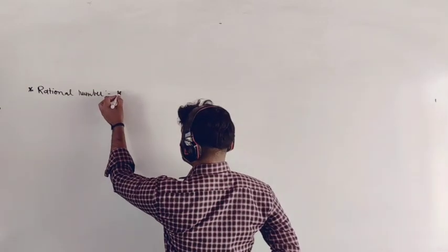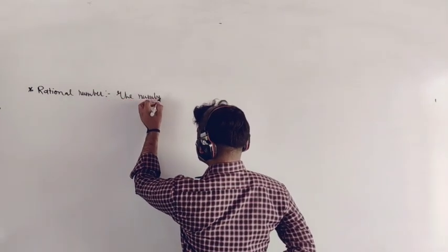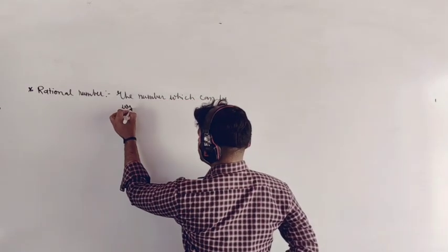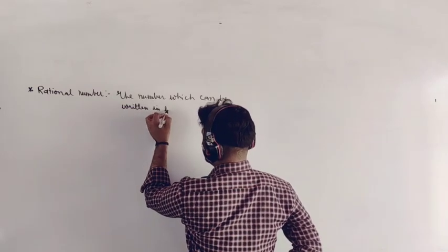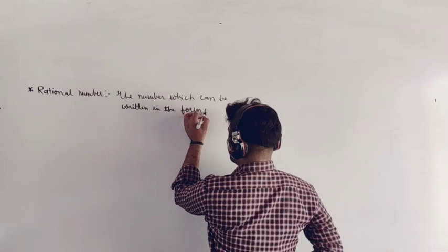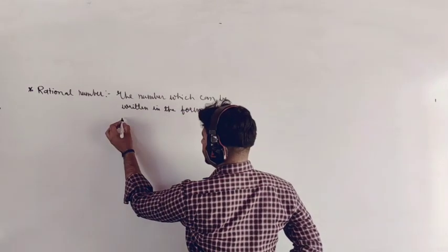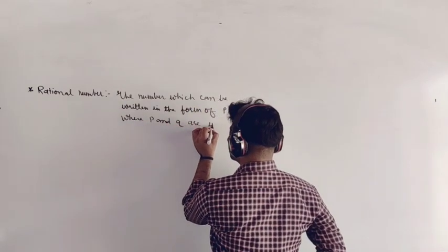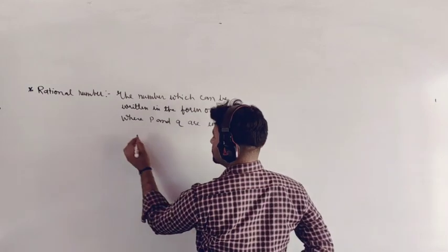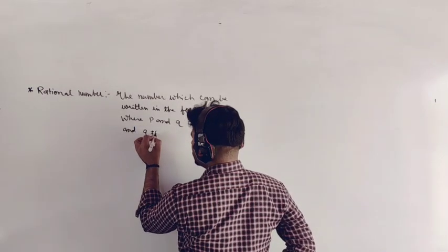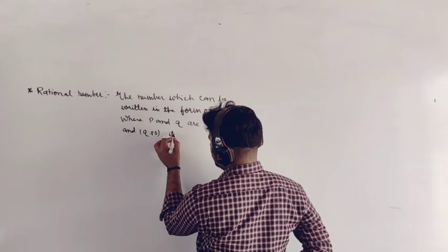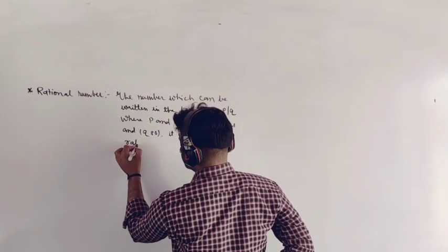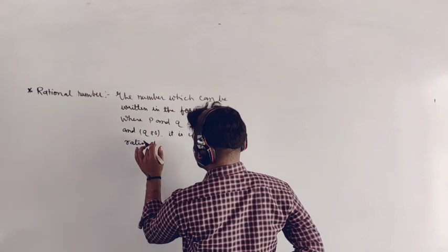The number which can be written in the form of P upon Q, where P and Q are integers and Q is not equal to 0, is called a rational number.